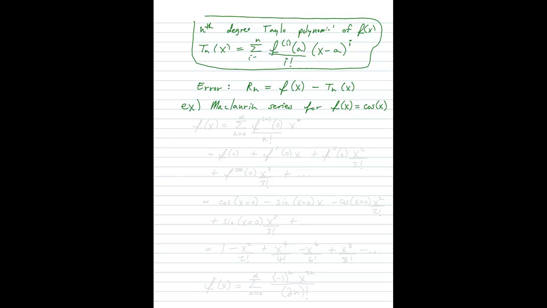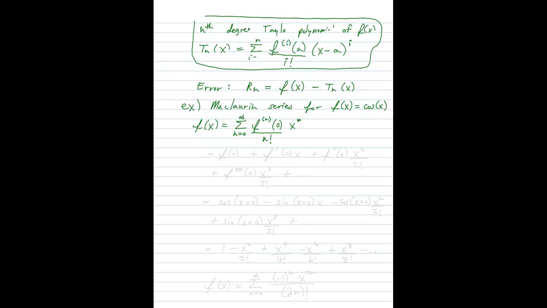Since we have a Maclaurin series, we'll go ahead and say that f of x equals the sum from n equals 0 to infinity, the nth derivative of f at 0 over n factorial times x to the n.